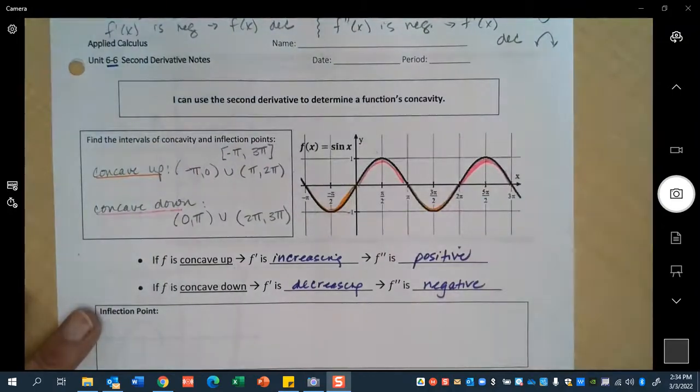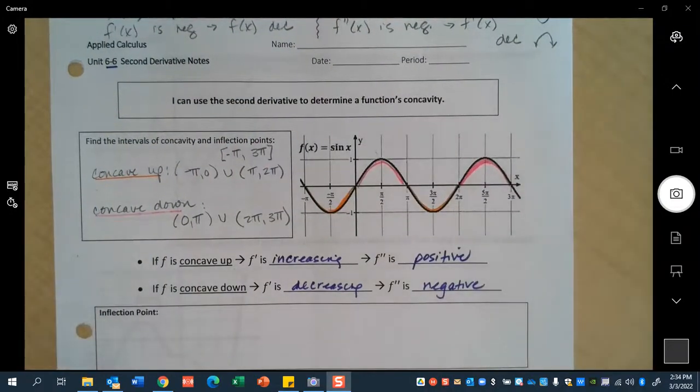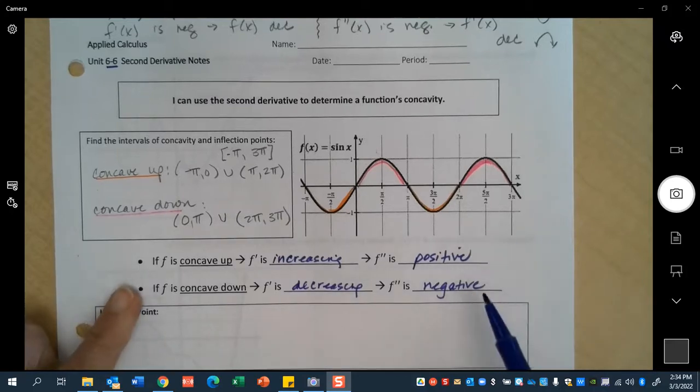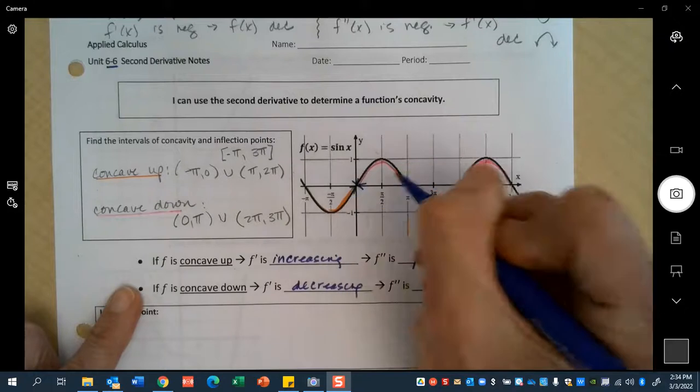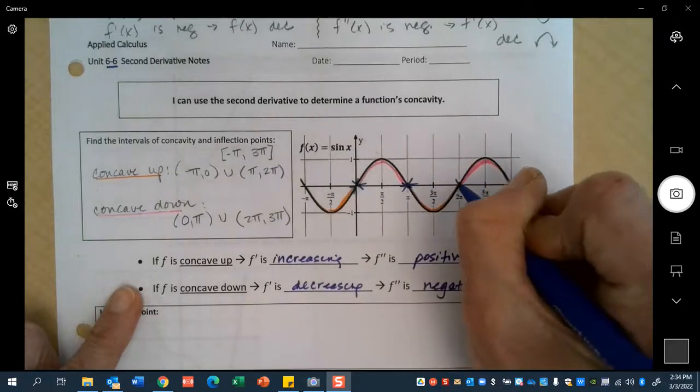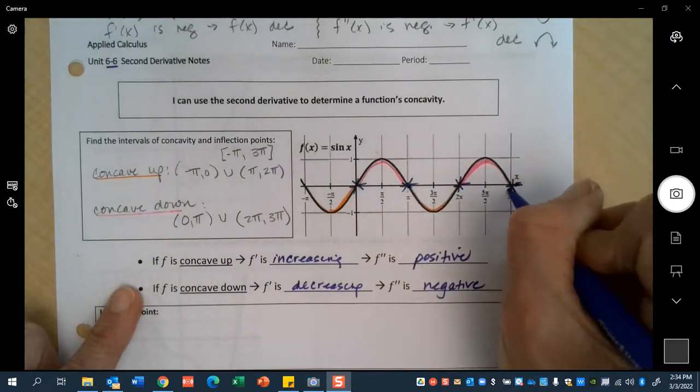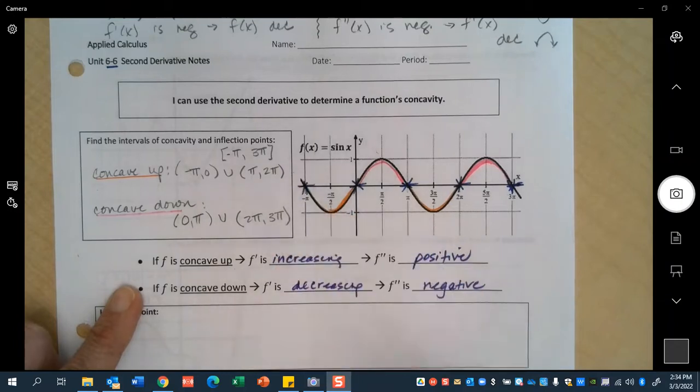So these points where the concavity changes are our points of inflection. At each of these points is where my concavity changes.